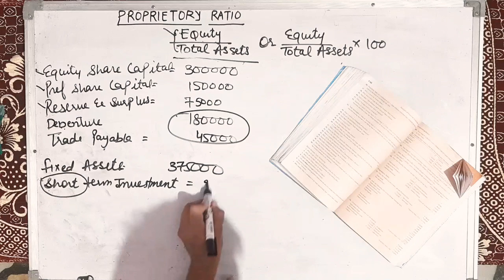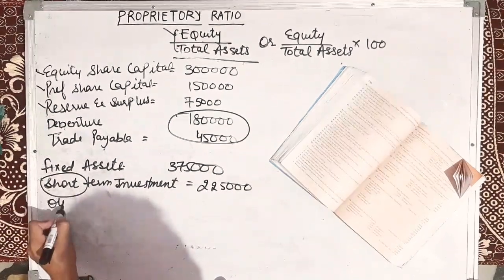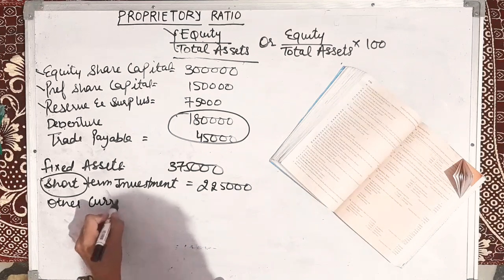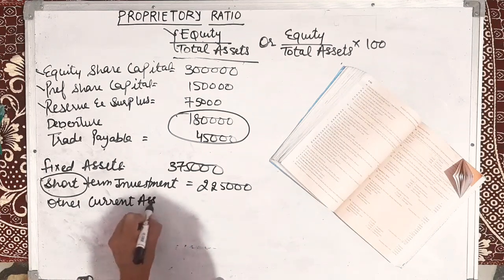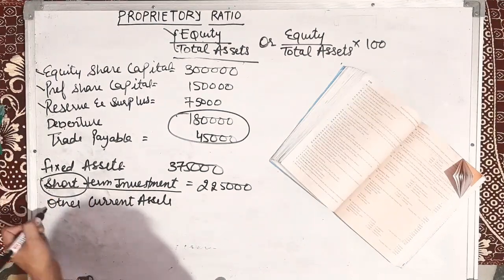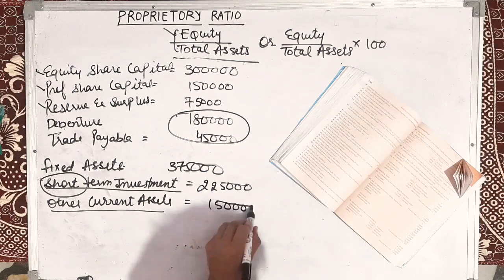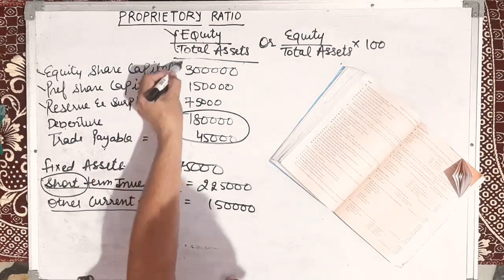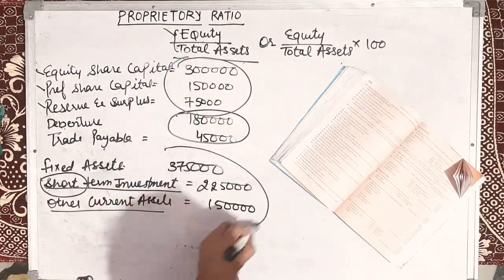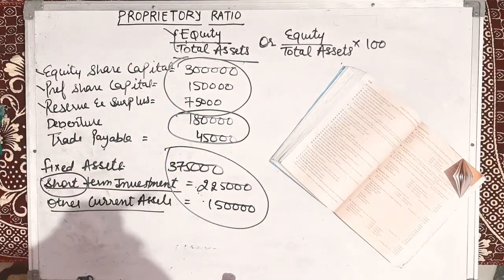That is equal to 2,25,000. Other current assets, it means that short-term investments are not included in this, that is equal to 1,50,000. So we have equity, we have total assets, then we will put these figures into the formula and find the answer.